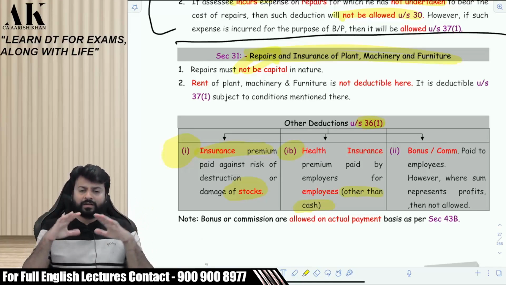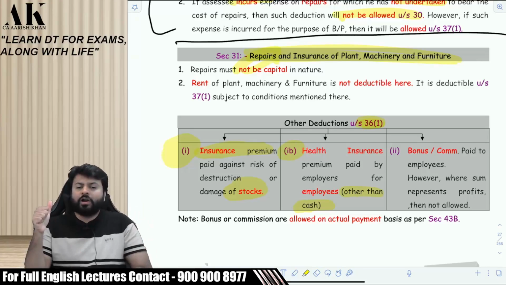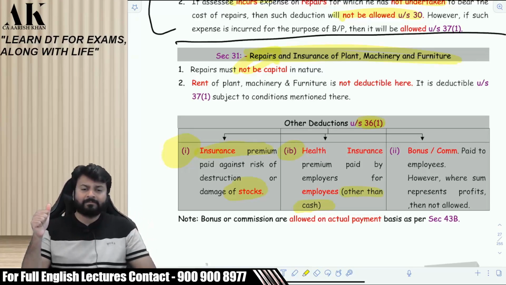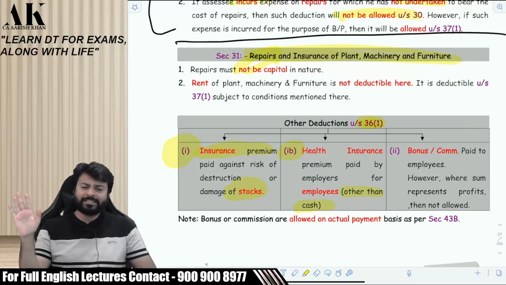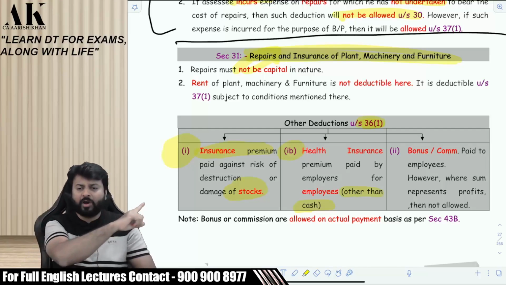So listen carefully all of you. Pay attention over here. Let me talk about insurance. Section 30 insures what? Building. Section 31 insures what? Plant, machinery, furniture. All your fixed assets are insured? The answer is yes. Now coming to stock, current asset. Current asset is insured in the below box. Right? This box.